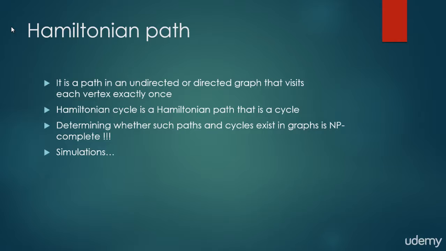So it is a path in an undirected or directed graph that visits each vertex exactly once. It's very important that we visit it exactly once. So a Hamiltonian cycle is a Hamiltonian path that forms a cycle. And determining whether such paths and cycles exist in graphs is very, very hard. It's a typical NP-complete problem.